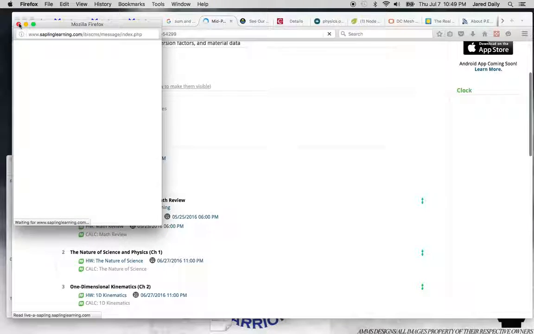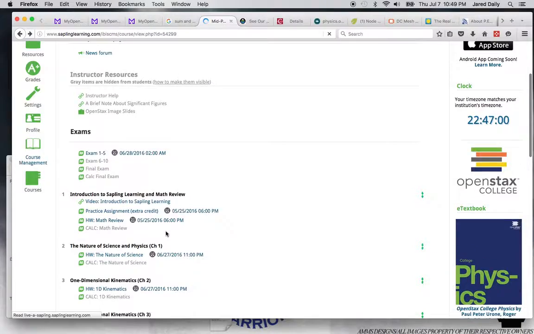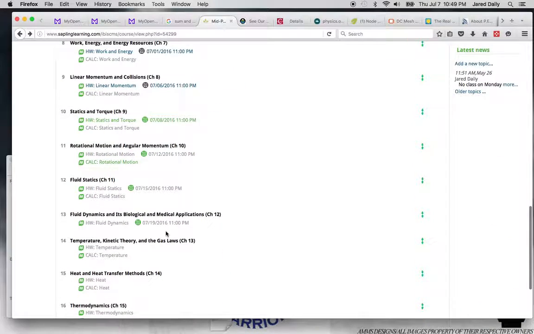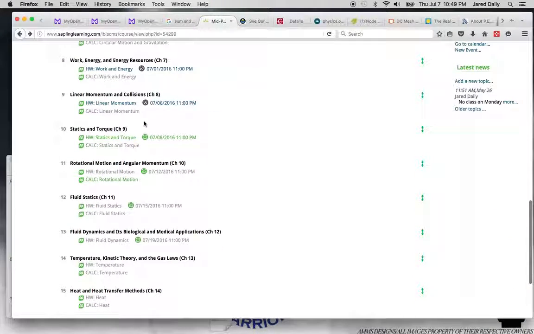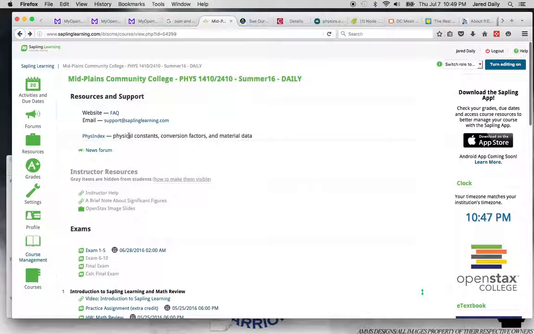If we go back to our schedule here, let's take a look at when things are due again. Make sure we're up on with this stuff here. So the 6th, which was yesterday, was when linear momentum was due. And hopefully you guys got most of that done. If not, tell me and we'll get you some extensions. But statics and torque is due the 8th. I think I'm going to change that really quick because that's tomorrow and I'm just barely getting this thing done.